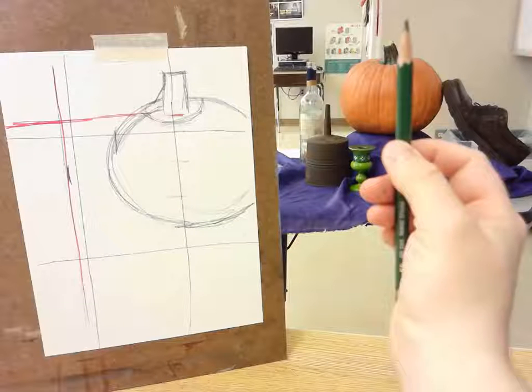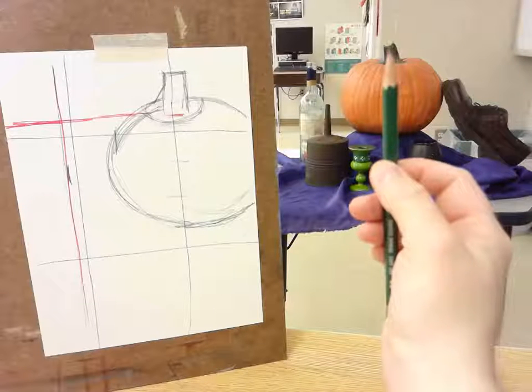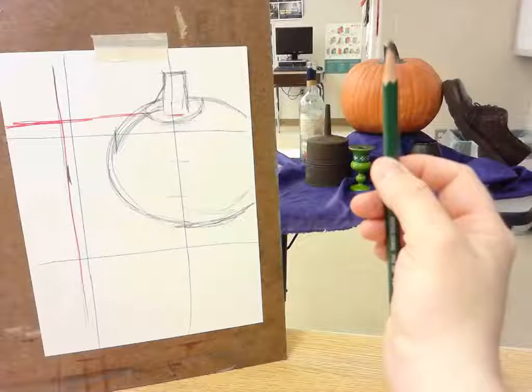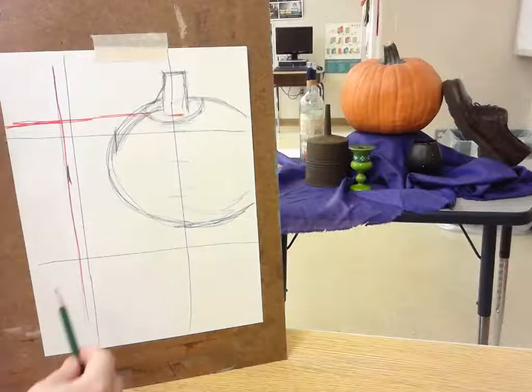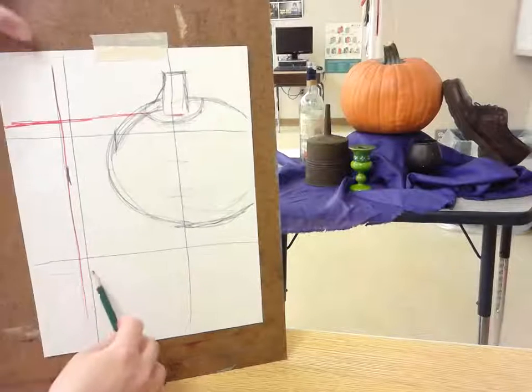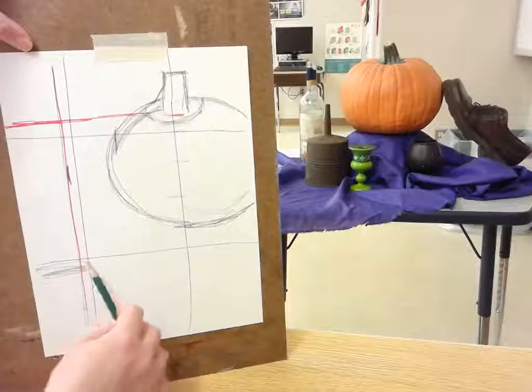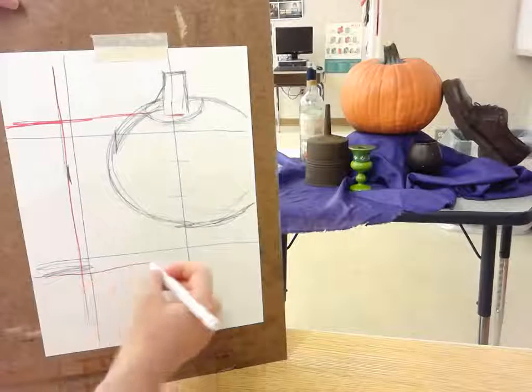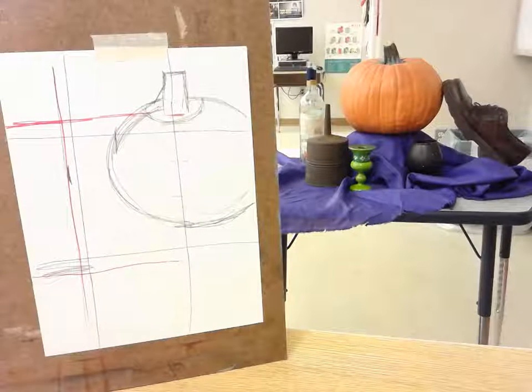And I'm going to compare that to the height of the pumpkin. So the pumpkin is definitely going to be a little bit smaller. So I would say it's probably about here. So again, I'm going to draw my guideline or my plumb line to compare that.